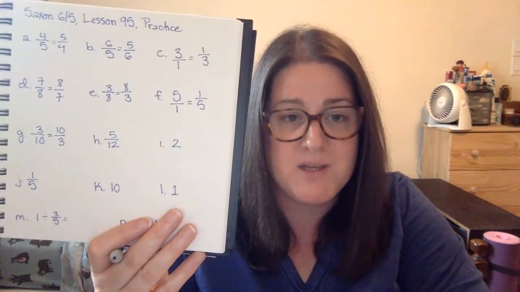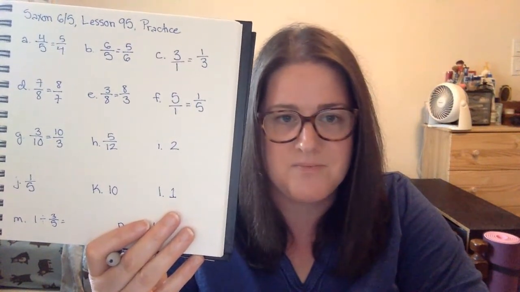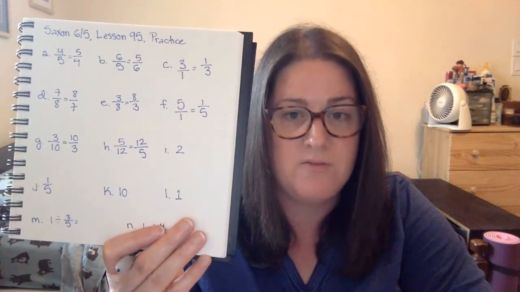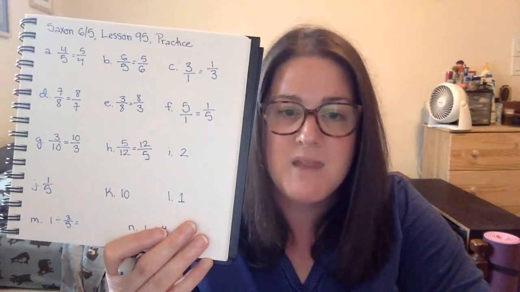When we invert the fraction, 10 becomes our numerator, 3 becomes our denominator, and our reciprocal is 10/3. H is 5/12. When we invert our fraction, 12 becomes our numerator, 5 becomes our denominator, and our reciprocal fraction is 12/5.